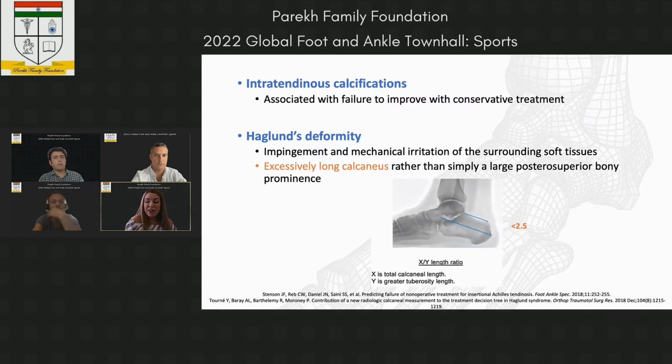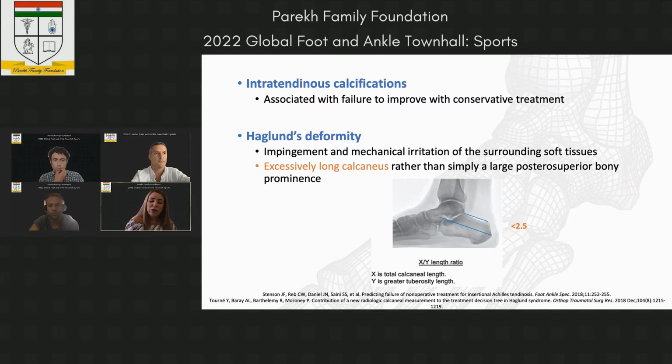So there's a lot of different ways to measure the Haglund's deformity. There's a lot of different measurements between the Chauvet angle, the Rouge pitch angle, and the Fowler-Philip angle. However, none of these measurements are very specific or highly sensitive. So I found this in an article, which I found very interesting.